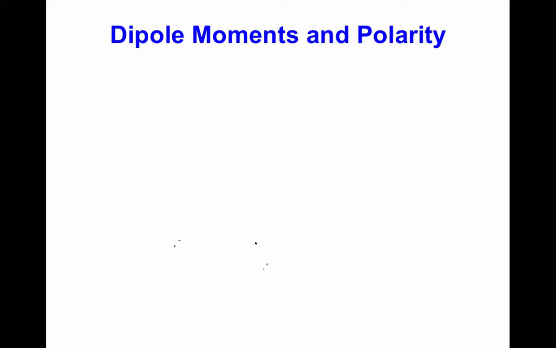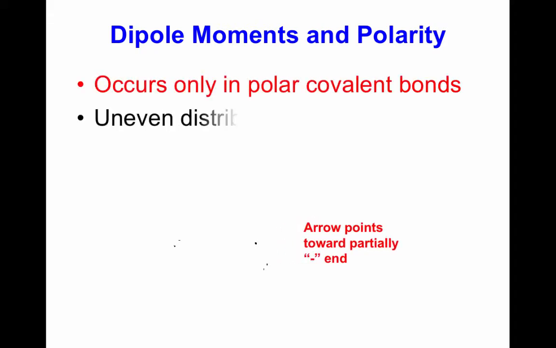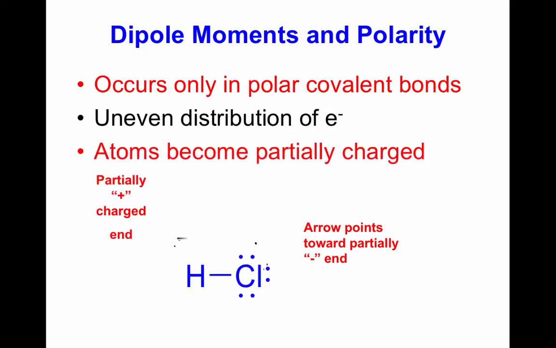We're going to talk about something called a dipole. Dipoles only exist in polar covalent molecules. Oops, just pull all this up. There we go. So only in polar covalent bonds, and this is created from the uneven distribution of electrons.